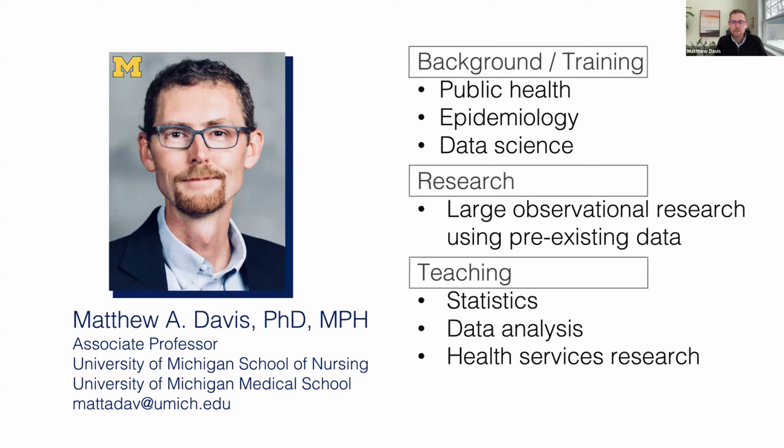I started publishing papers using some of the sources that we're going to talk about today during my MPH and then during my PhD. Pretty quickly I got a K award using secondary data analysis, which led to an R01 and another R01 and a P30 and things like that. So my entire career, I've used sources like this to conduct research.